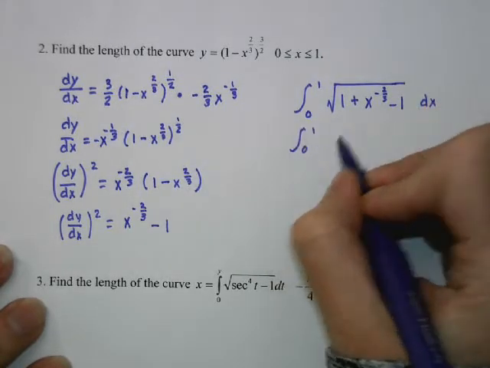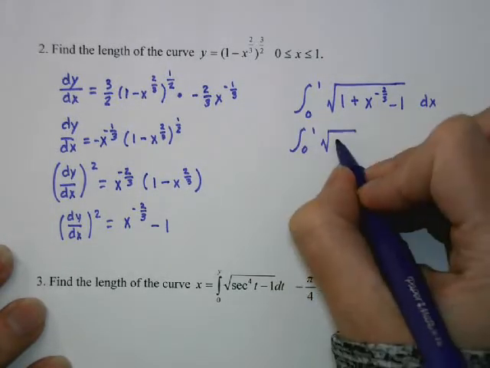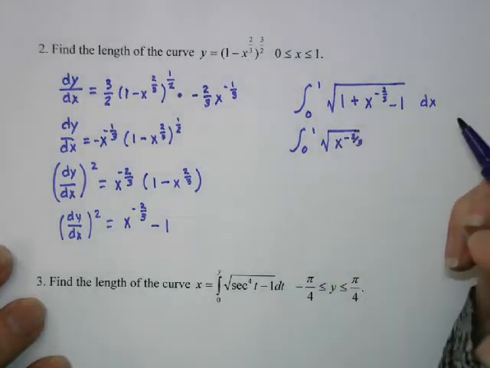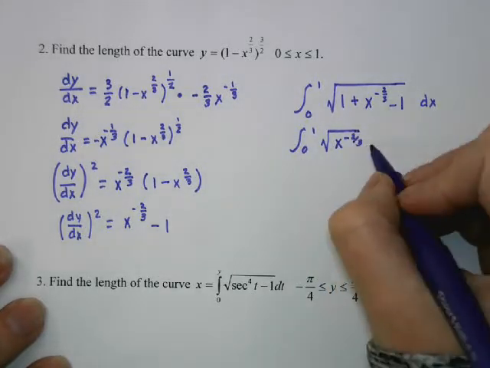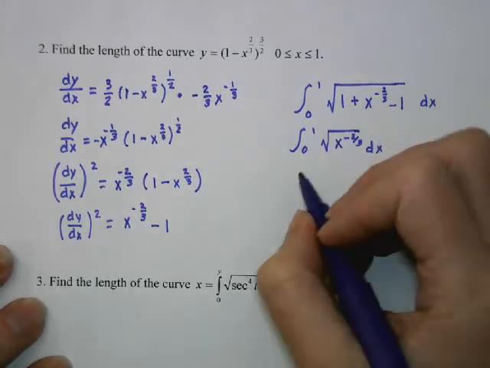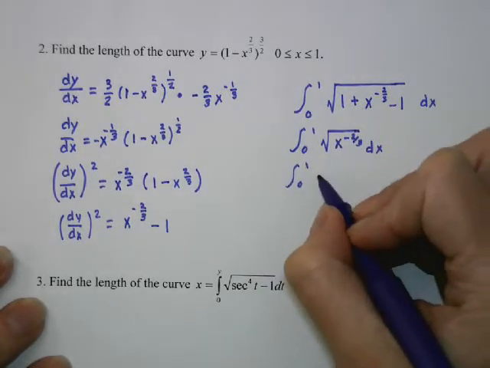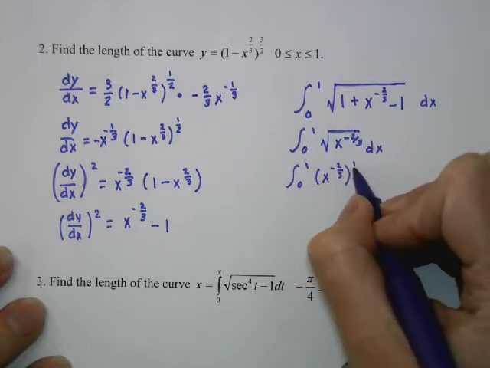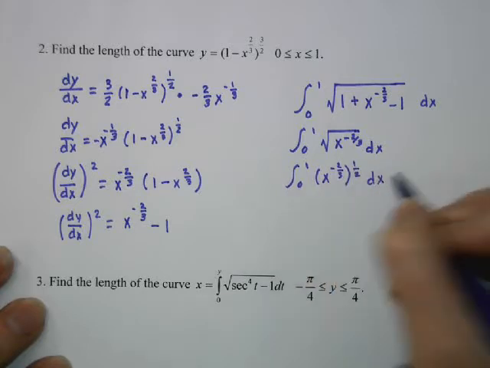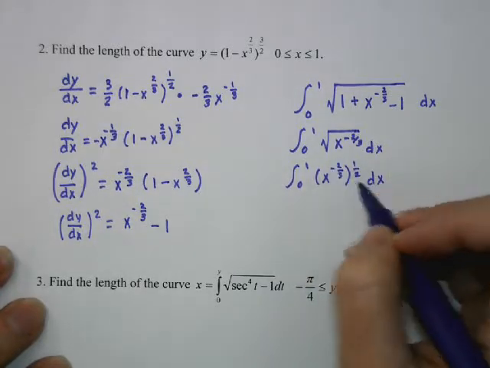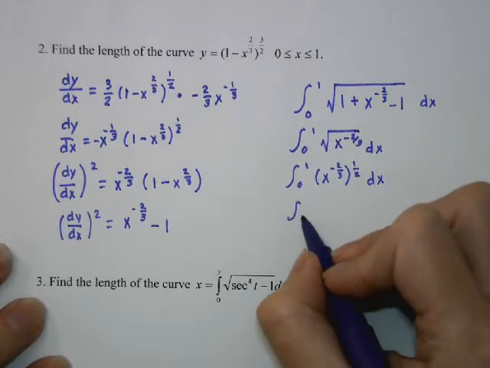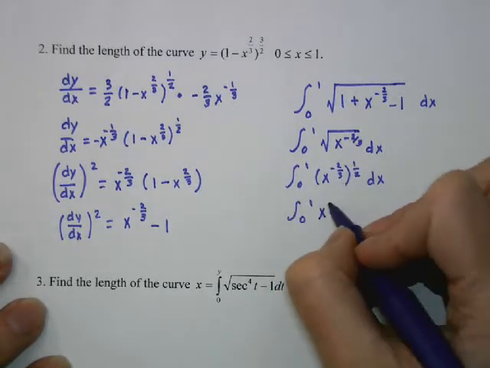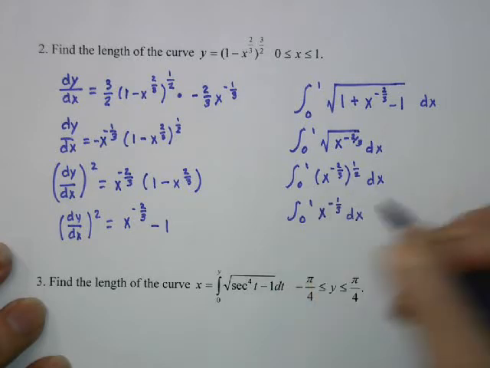So multiplying those exponents together, we get x to the negative 1/3. Okay, so we'll add 1 to the exponent, which will be 2/3. So this will be 3/2 x to the 2/3, evaluated from 0 to 1. Well, this to the 1 is 1, this to the 0 is 0, so this is just going to be 3/2.